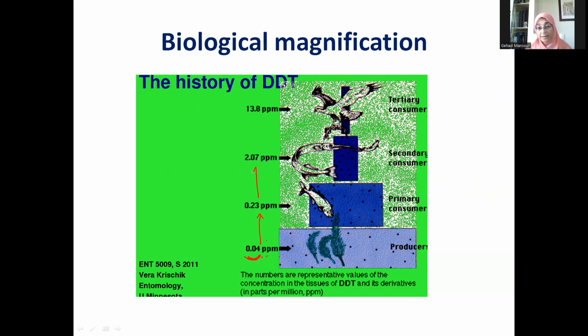And then here it has been magnified 10%, and then here it has been magnified 6%. So if you multiply here by 5, and then you multiply by almost 10, and then you multiply by 6, see how many times it has been magnified.